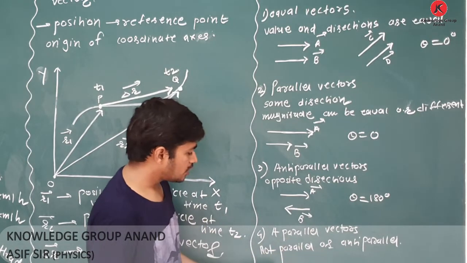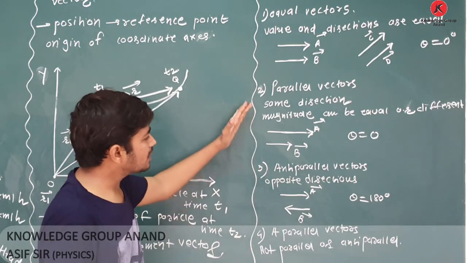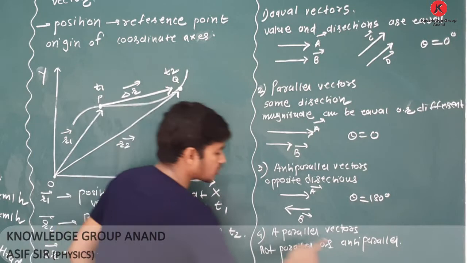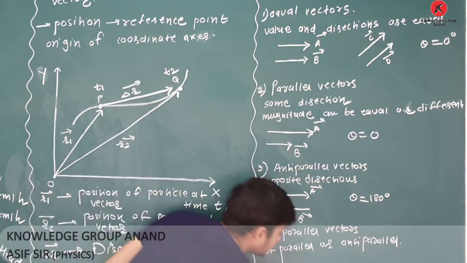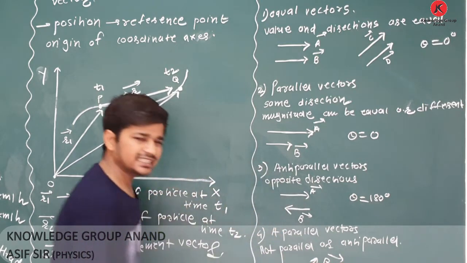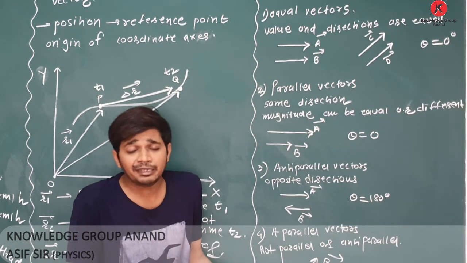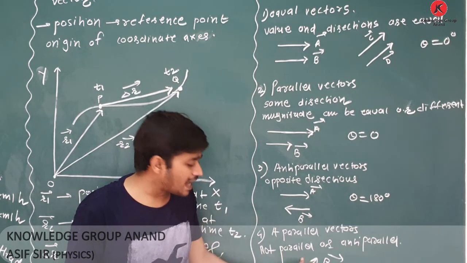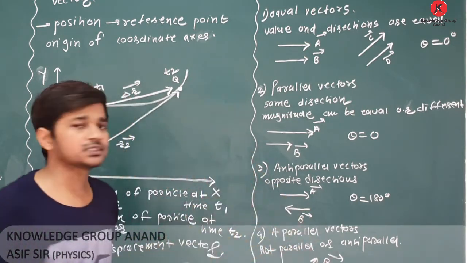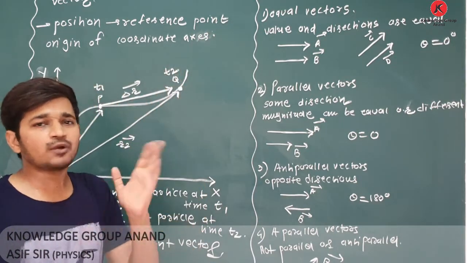Now the last one, aparallel vectors. Aparallel vectors means vectors which are not parallel or anti-parallel, means the angle between them is not 0 or 180. For example, if it is vector A and it is vector B, are they parallel? No. Are they anti-parallel? No. So vectors which are not parallel or anti-parallel are called aparallel vectors. So in this equality of vectors, you have to remember each and everything.